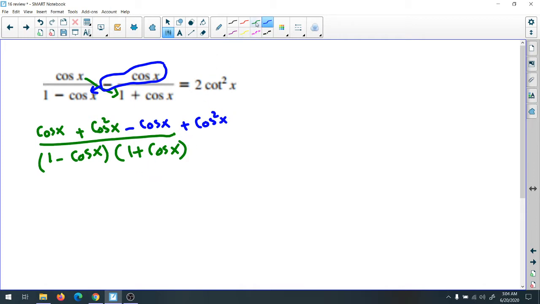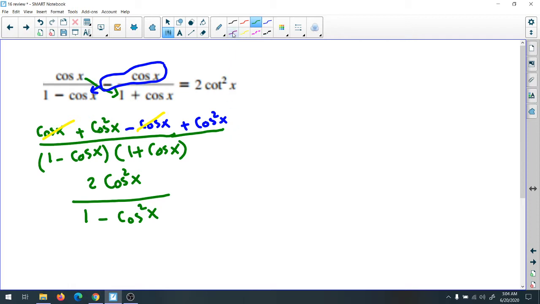So in our numerator, we can cancel cosine x with negative cosine x. Then cosine squared and cosine squared is 2 cosine squared, divided by 1 minus cosine times 1 plus cosine. 1 times 1 is 1, minus cosine times cosine is cosine squared.